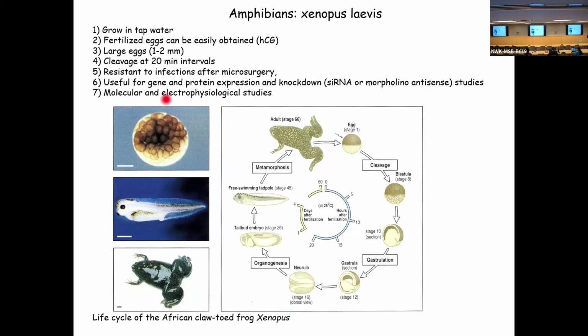And it's good for molecular and electrophysiological studies because there are not too many channels in the egg, and we can, for example, introduce an RNA that would produce a channel and study the features of that channel. That is one of the main uses of the amphibian egg. So that is for the frog.